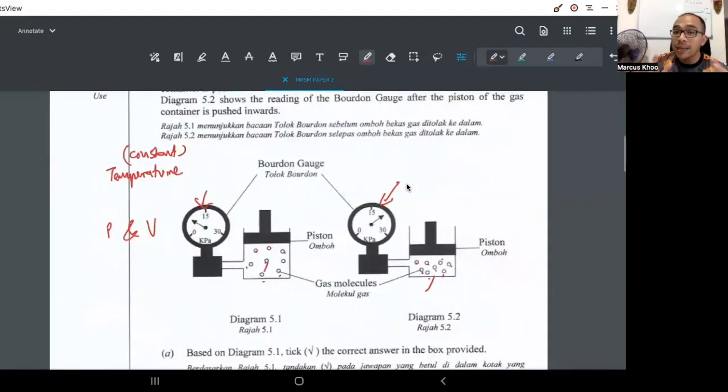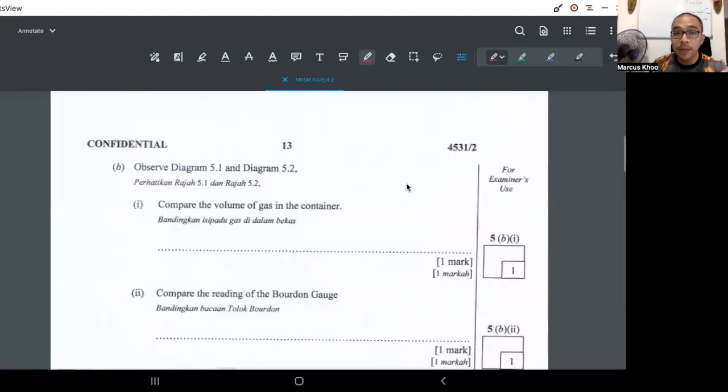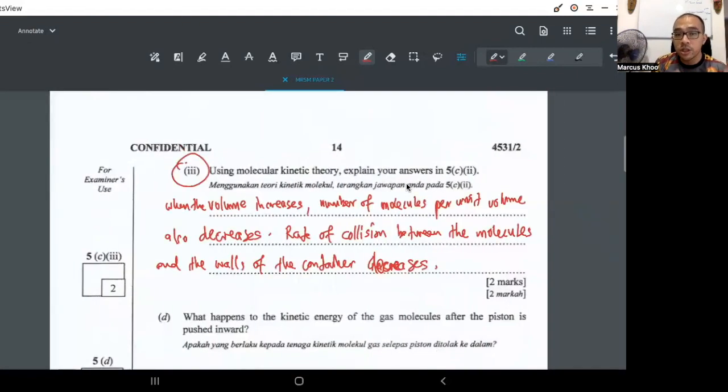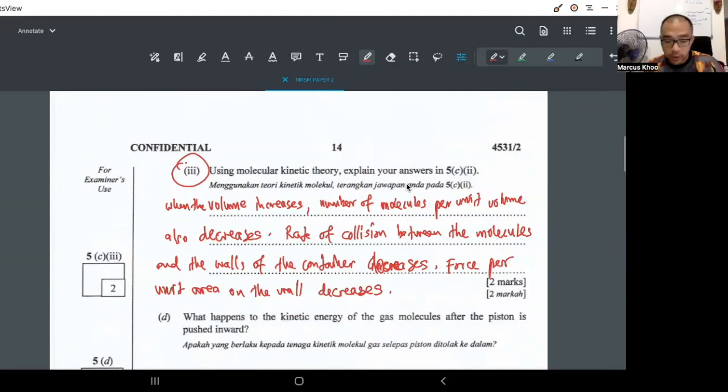So dia akan berlanggar dengan dinding itu kurang. Okay, when you give them less space, there is a higher probability for them to bump here, bump there, bump everywhere. Okay, and so the rate of collision between the molecules and the walls of the container decreases. So the force per unit area on the wall decreases. Okay, that's why the pressure decreases, because pressure is force per unit area. Okay, yes, I know there are 3 points over here.